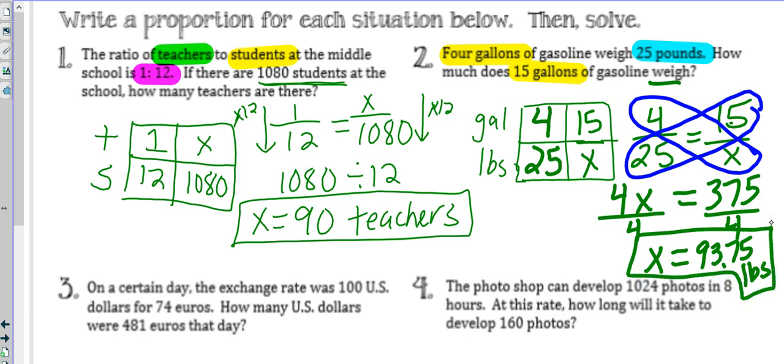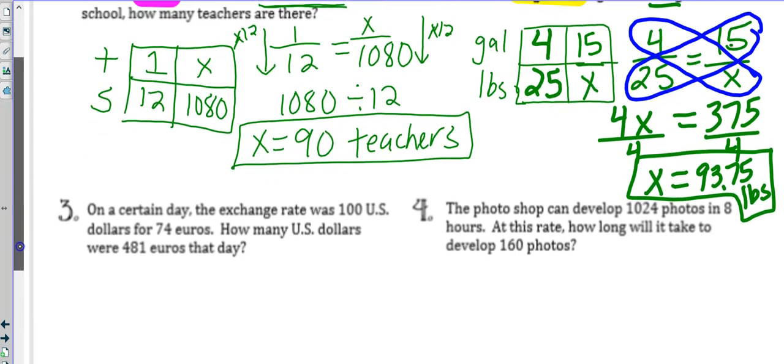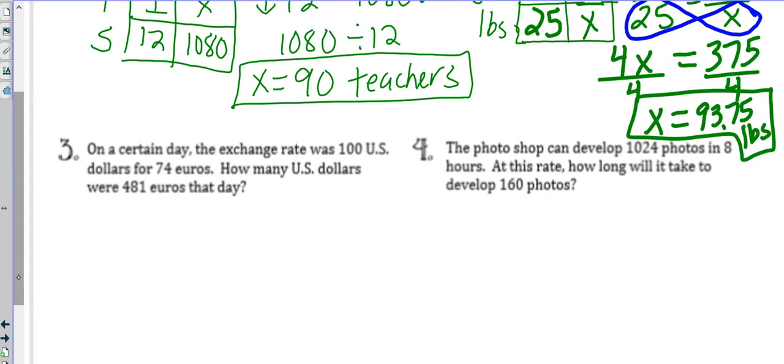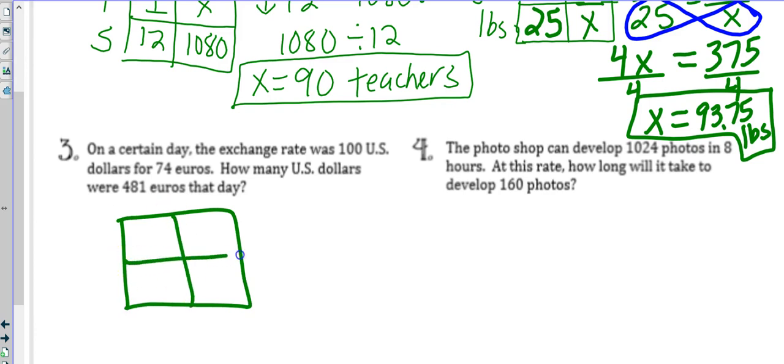All right. A couple more problems to try. Number 3 and number 4. Number 3, on a certain day, the exchange rate was 100 US dollars for 74 euros. How many US dollars were 481 euros that day? So again, I'm going to make my proportion box here so I can organize my information.